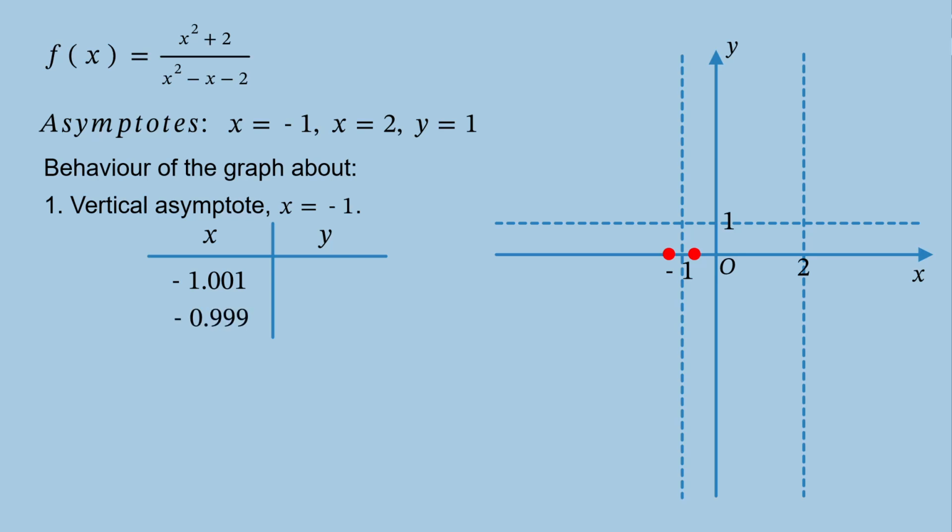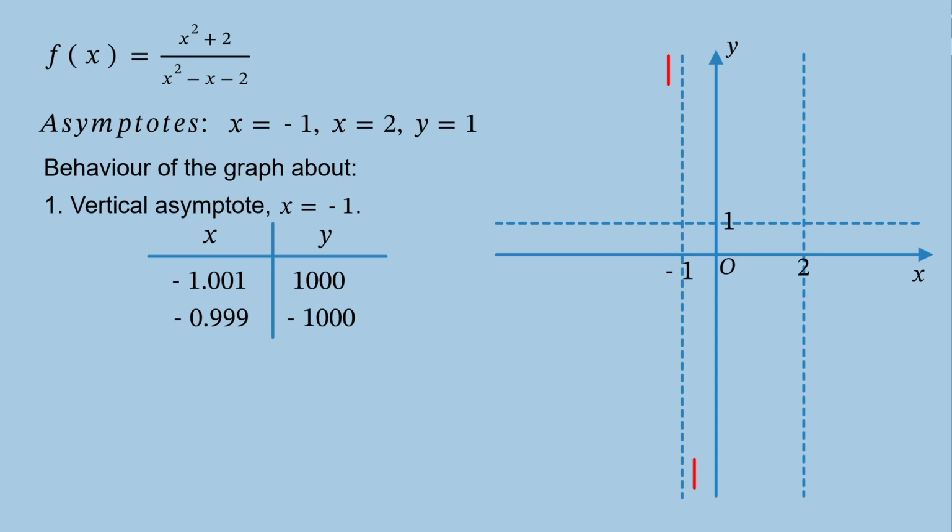So for these two values, when x is equal to minus 1.01, you will get that y comes out as approximately 1000, which is a very high y value, so we know that our graph will be coming from up here. And when x is minus 0.999, we get a very low value, which is approximately minus 1000, which means the y value will be slightly down here.